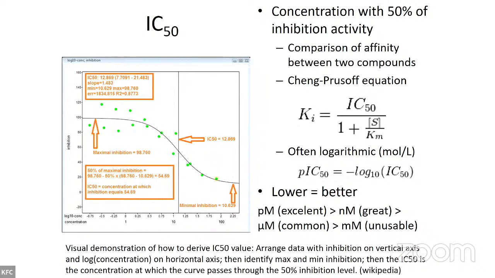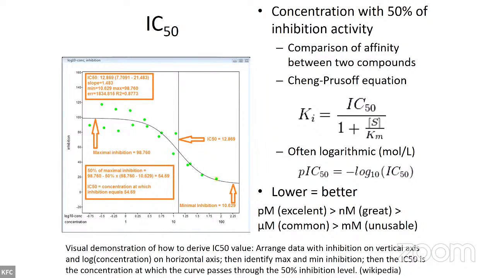What we often see, and actually that was one of the things which Campbell was showing as well, is that they usually take these values and they logarithmize them. And that's usually how it's shown. So it's usually shown as the negative decadic logarithm.